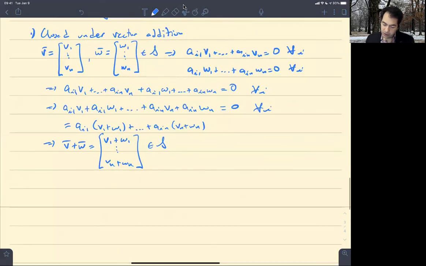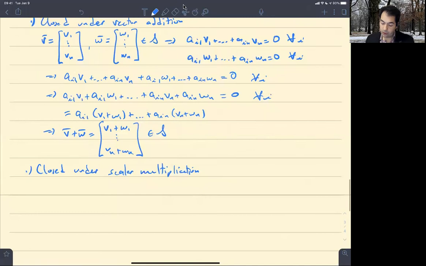Okay, and then finally we just need to check closed under scalar multiplication. So let's say that we have a vector v with entries v1 through vn inside S, and then we pick an arbitrary element of the field.